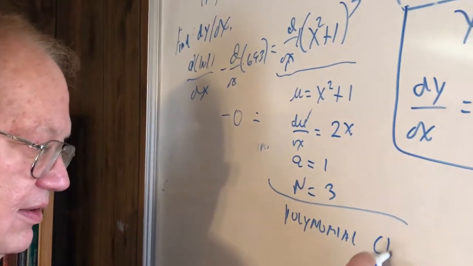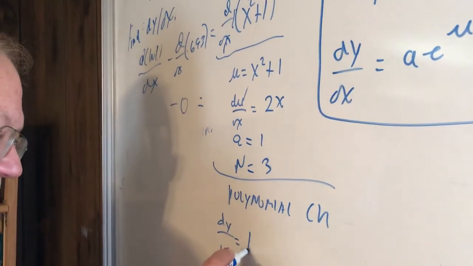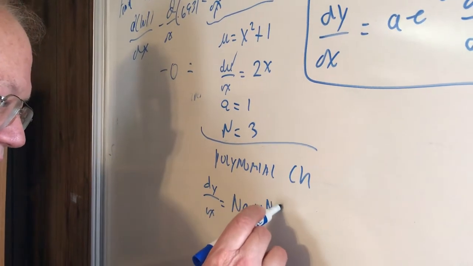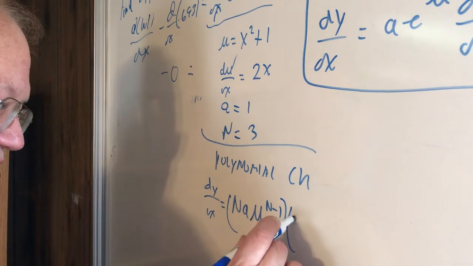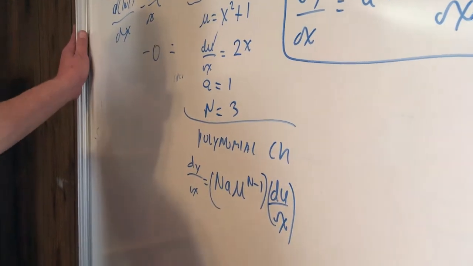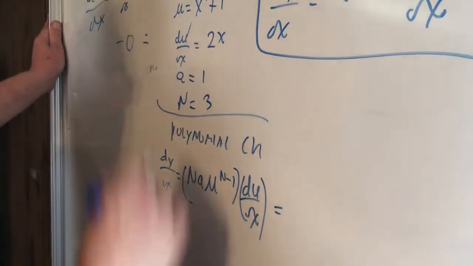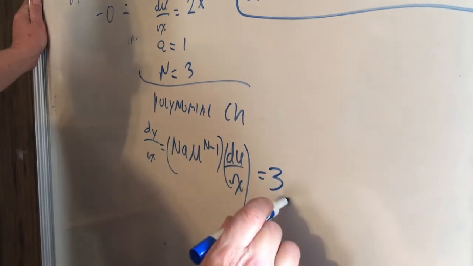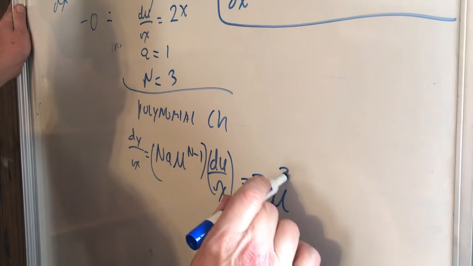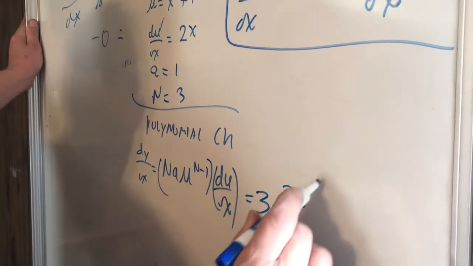Which I didn't put on here, dy dx equals na u to the n minus 1 times du dx. Let's substitute that in here. That's 3 times 1, 3. U is going to be to the 3 minus 1, and du dx is going to be 2x.